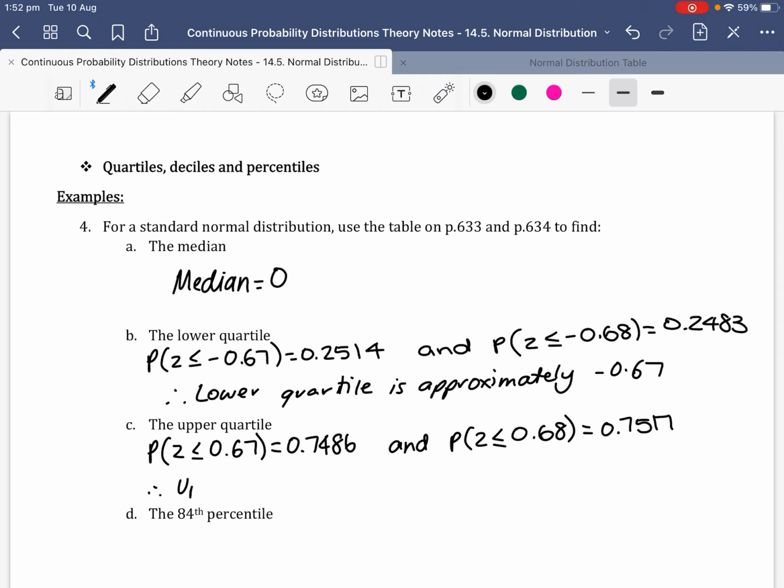So therefore the upper quartile is approximately 0.67. Now it would make sense that our minus 0.67 and our 0.67 are the positive and negative of each other with our lower and our upper quartile.